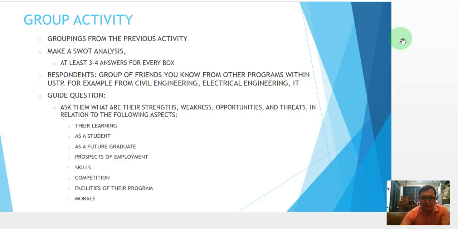So the respondents are the group of friends you know from other programs within the UCP, for example, from civil engineering, electrical engineering, IT. These are the guide questions. Ask them what their strengths, weaknesses, opportunities, and threats are in relation to the following aspects: their learning, so as a student, as a future graduate, prospects for employment, skills, competition, facilities of their program, and morale.